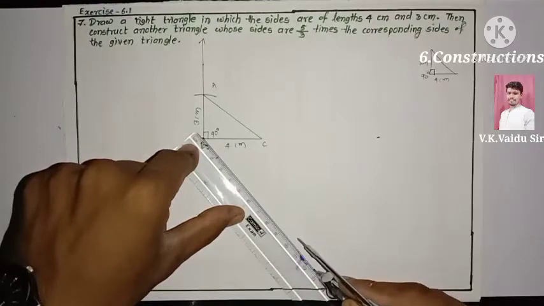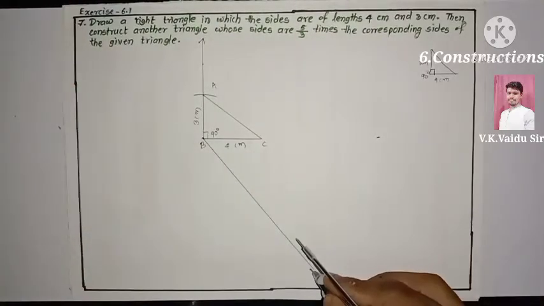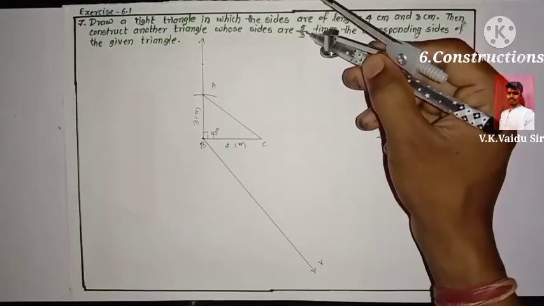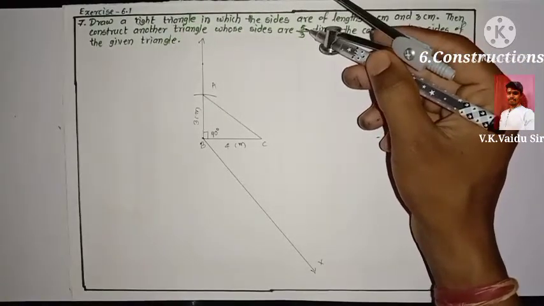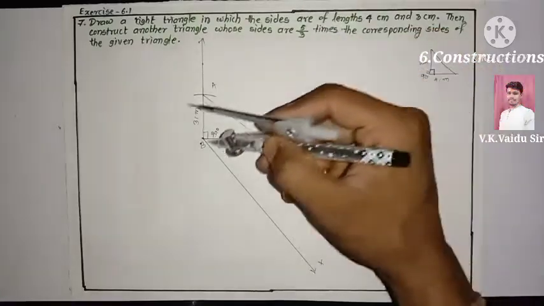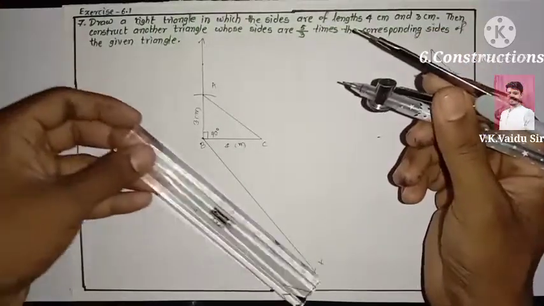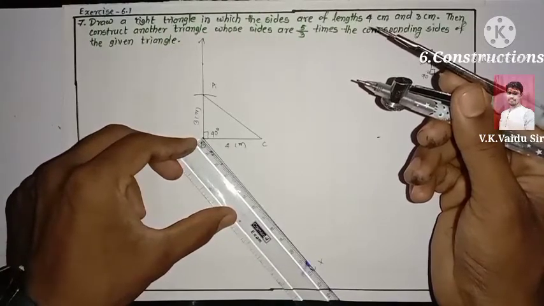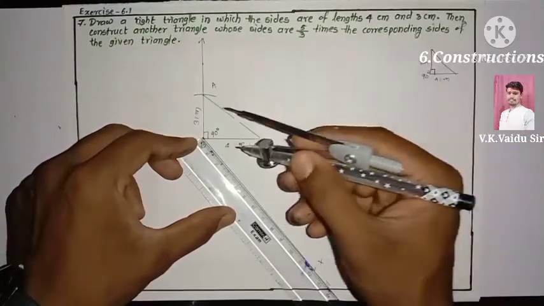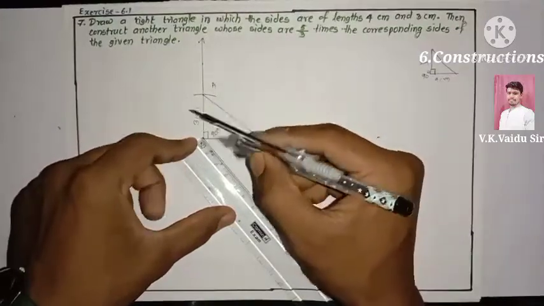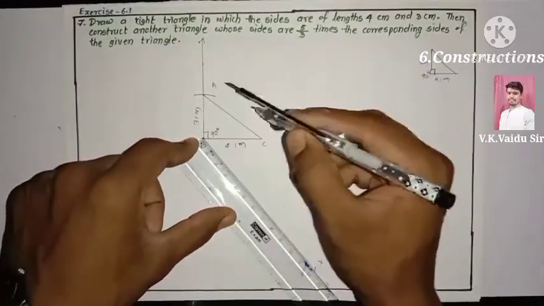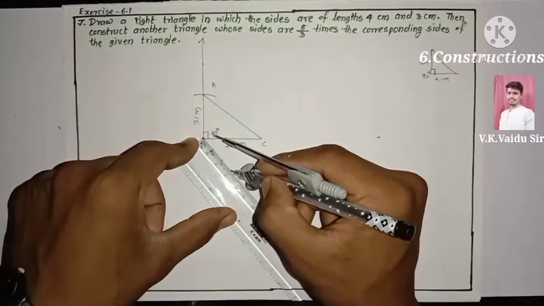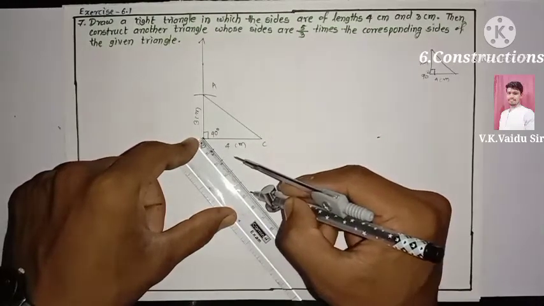The ray BX is drawn with any length. Here observe the ratio 5 by 3. Of these, the bigger number is 5. So on the BX ray take 5 equal points. 1, 2, 3, 4, 5.